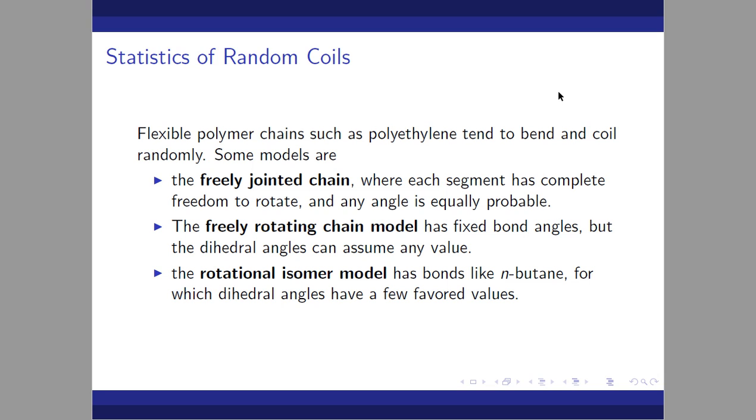So we are going to have a very short or very compact figure of that polymer. These flexible polymer chains such as polyethylene tend to bend because of the molecular forces, and coil randomly, maybe because of hydrogen bonds.